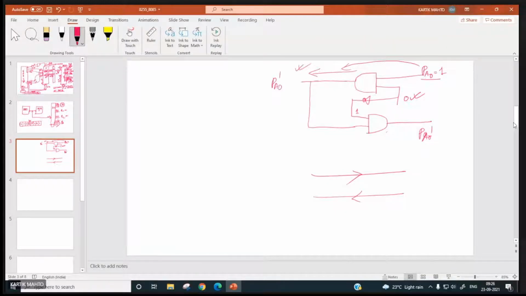Similarly, all 8 pins will be given the same control. So if you give 0, all 8 pins PA0 to PA7 will become output pins, and if you give this control signal as 1, all PA0 to PA7 pins will become input.